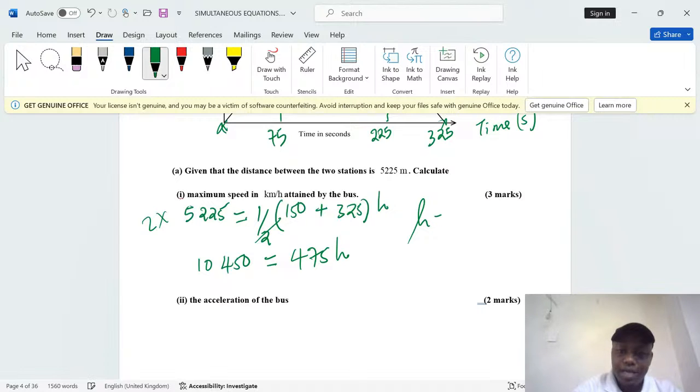So the capital H, which is the maximum speed, will be given by 10,450 divided by 475, and this gives us exactly 22 meters per second.